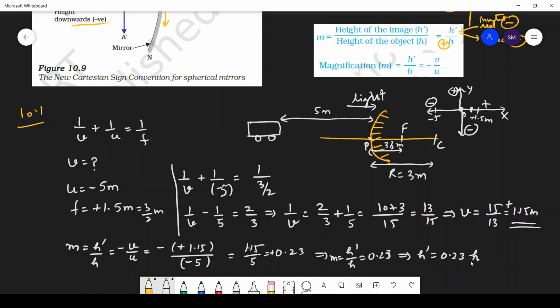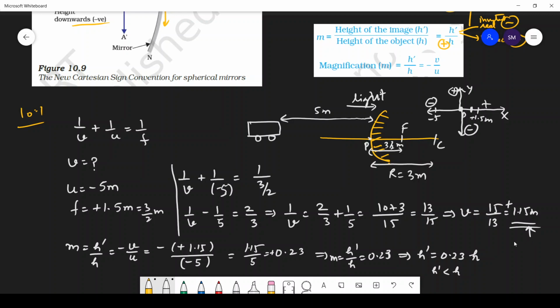So obviously multiplying with a number lesser than 1, H dash is less than H. So you can clearly see the image is behind, so it will be virtual and erect.